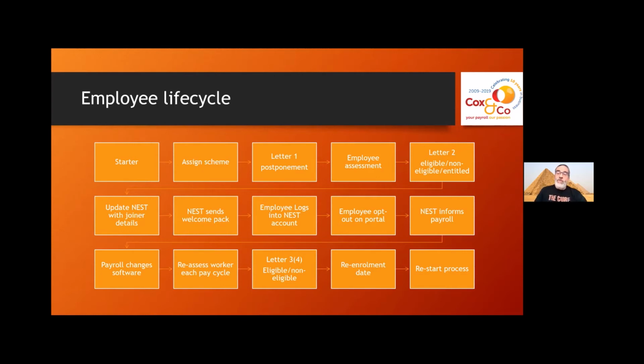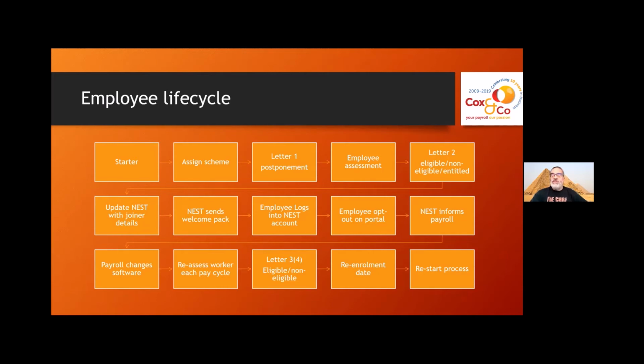So we then carry out the employee assessment. We may carry it out on day one, or at any point in time up to 3 months. So you can postpone for up to 3 months. It may be that the assessment is delayed for 3 months, but it will eventually occur.